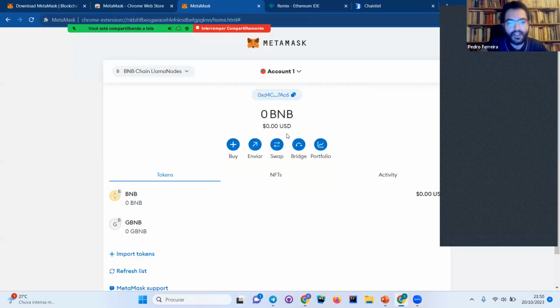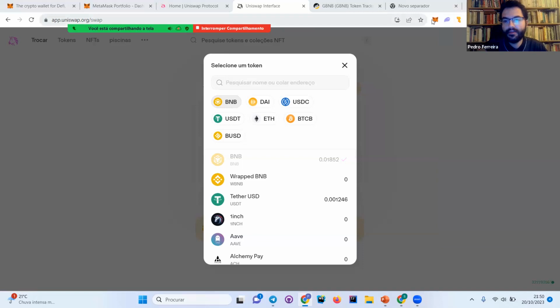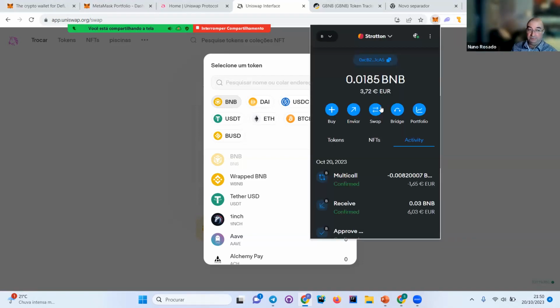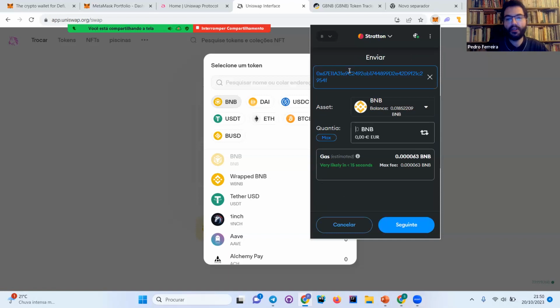Let me just send the GBNB here. So what's your idea? Is it to swap 5 and keep the other 5? No, don't swap 5 because it only has liquidity for 4. So try. Okay.